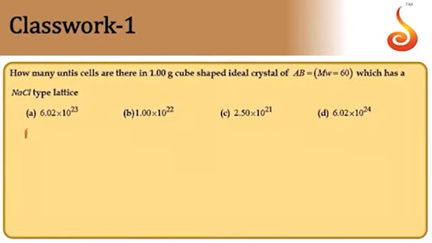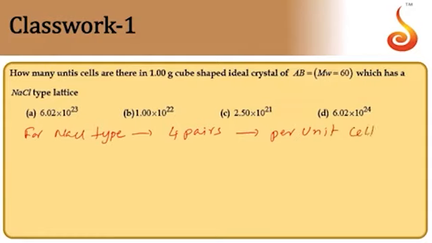For NaCl type, number of pairs are 4 pairs. 4 pairs of ions are there per unit cell.